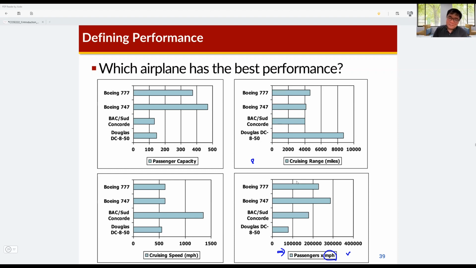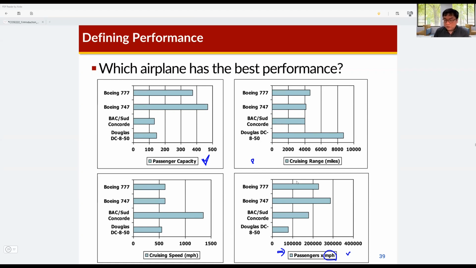If you focus on the capacity, the number of passengers, then we need to consider this metric, like the number of people which can be transferred in one airplane.